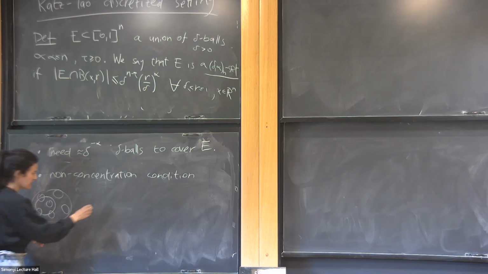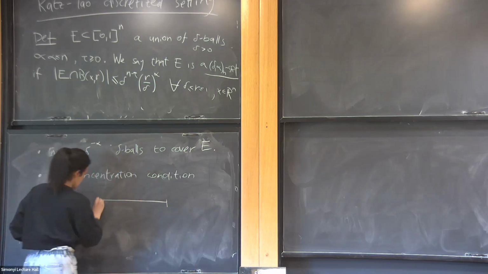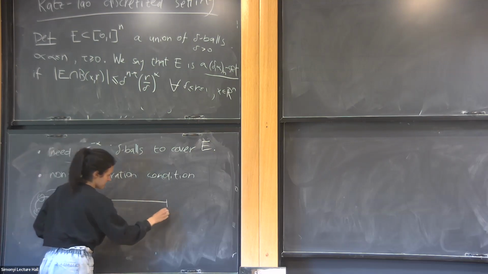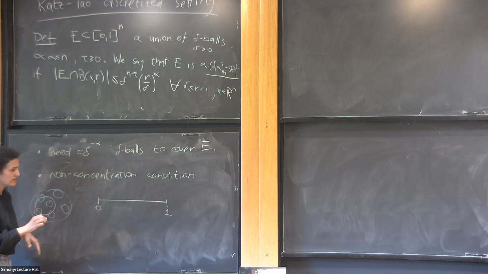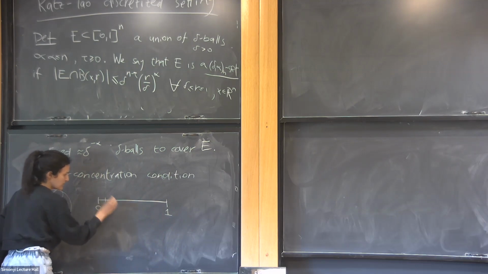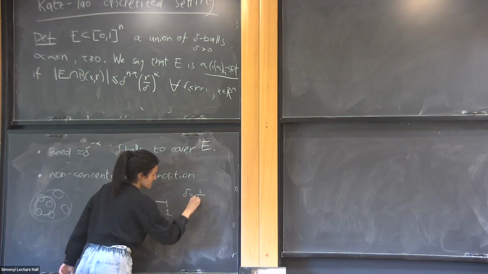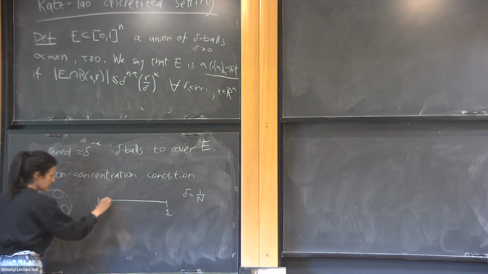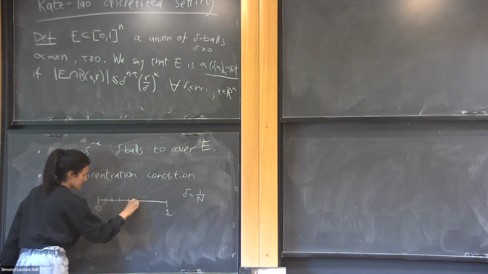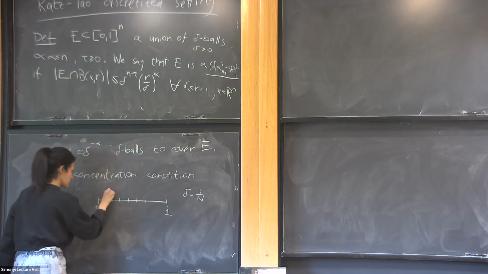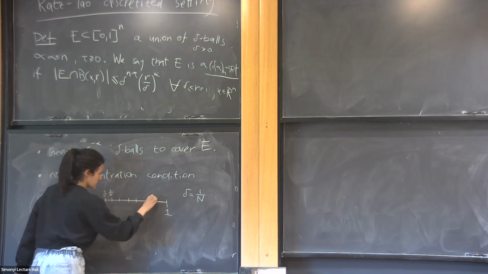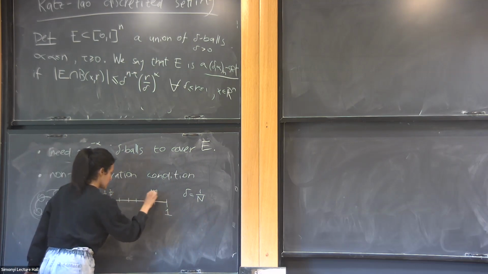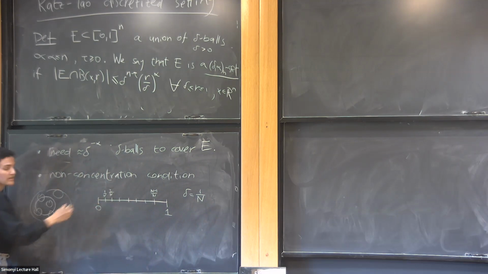So for example, if we are on the line, this is the [0,1] interval, let's take delta to be 1 over n. So [0,1] has n intervals of length 1 over n.